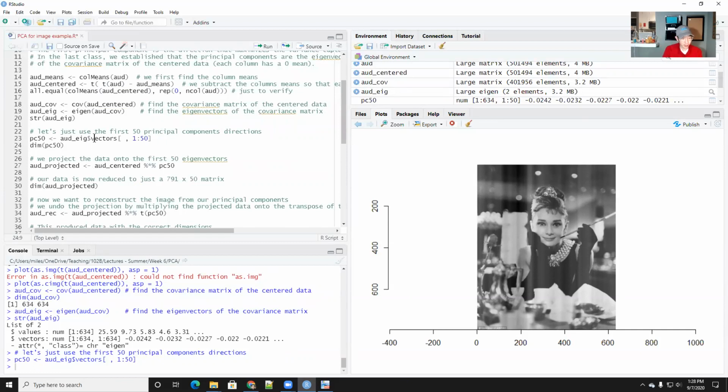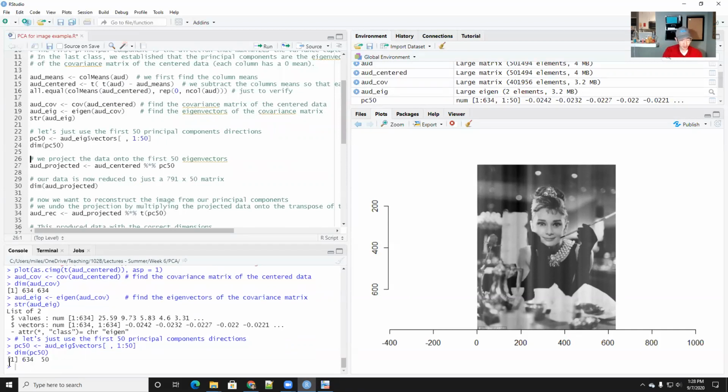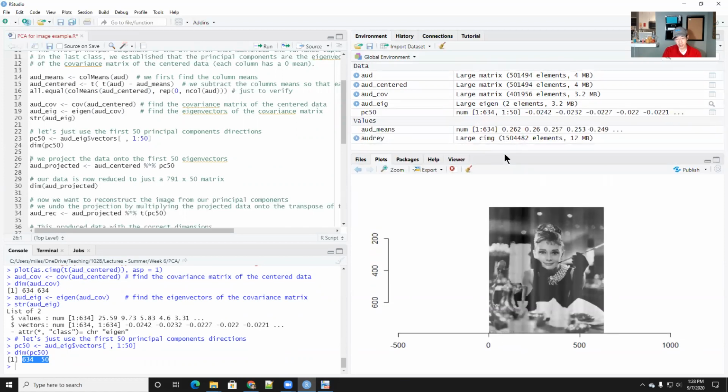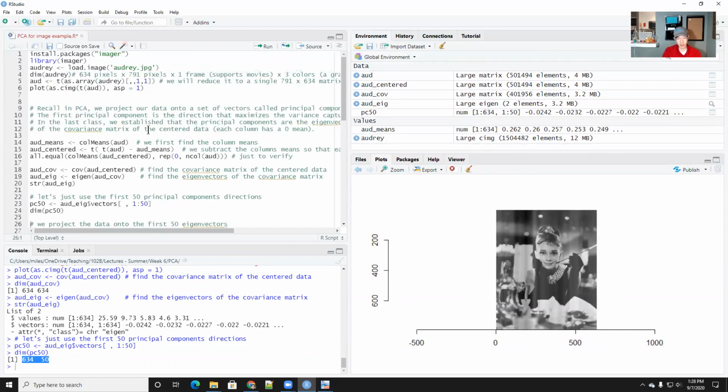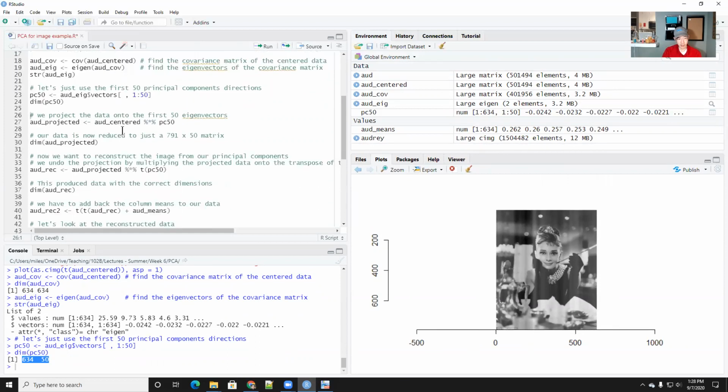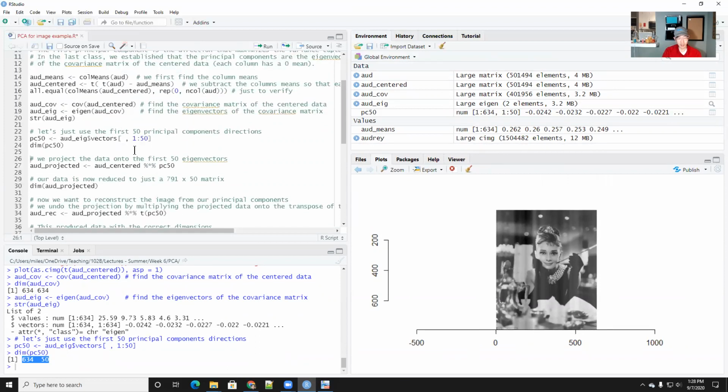So I've reduced my matrix from something enormous, down to something less than 1/10 the size, where it's 634 by 50, okay?